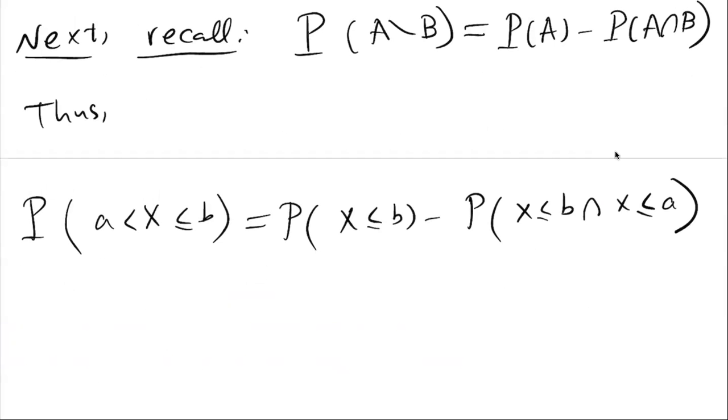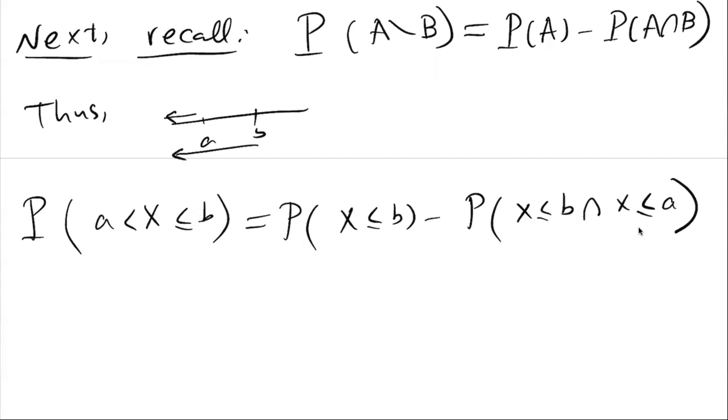Now, what is the intersection of these two sets? See, remember that A is less than B. So if you look at the real line, A, B. So X less than or equal to A means this region, X less than or equal to B means this region. What is the intersection?